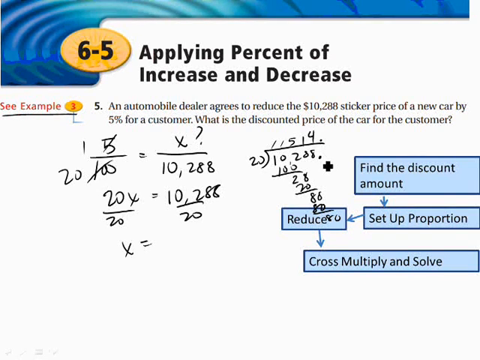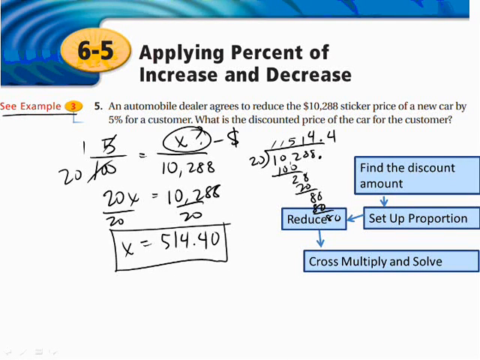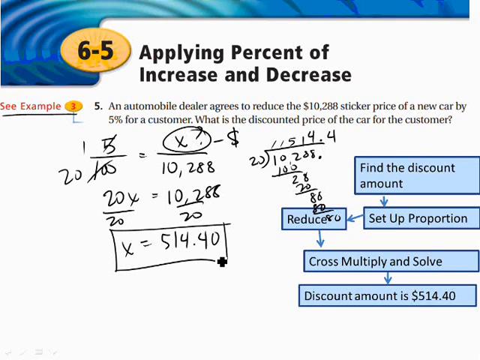The decimal is right here in the beginning number, so it moves right up above it in the answer, and that would be 0.4. So x equals 514.4. Now recall that this is a discount amount. It's in dollars. So if there's numbers after the decimals, those are cents. And it's 0.4 with nothing after that, so that's $514.40. That is the discount amount.